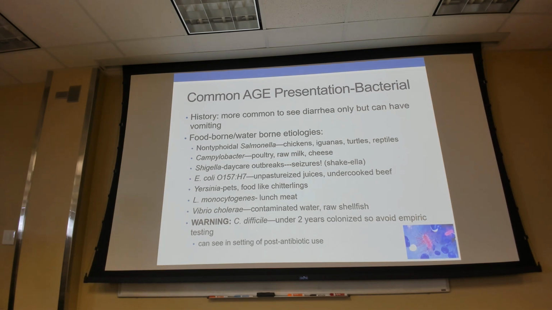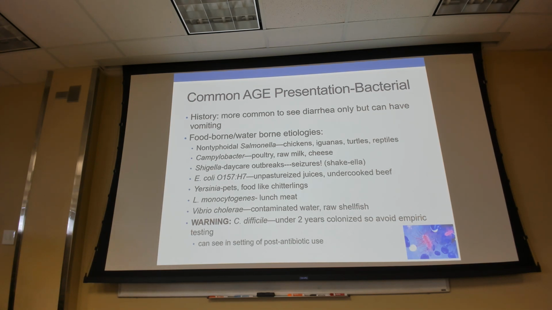These are ones just to highlight that your boards love doing. They love these ones, right? So you need to be able to just recall them. So when you think salmonella, you need to think some sort of reptile or iguana. Iguana was on my boards, so just link iguana and salmonella. If you're thinking Campylobacter, the one that comes to mind should be some sort of chicken, right? It's the cheapest thing to feed kids at camp, is chicken. Okay.